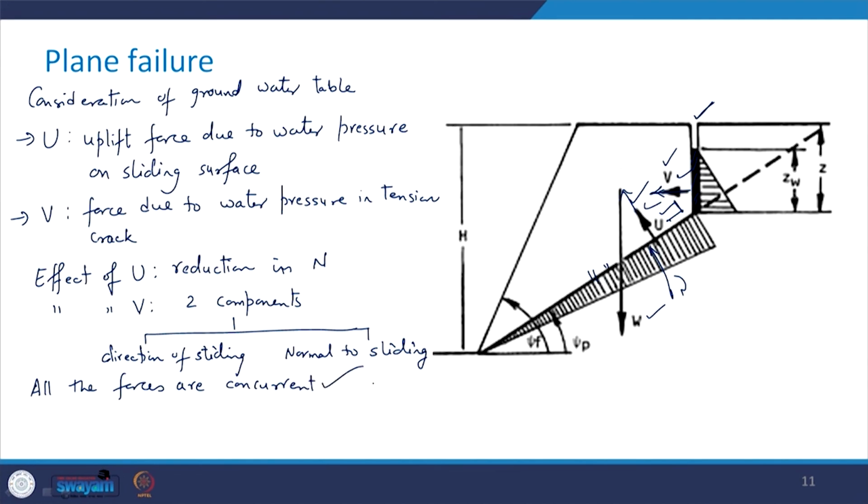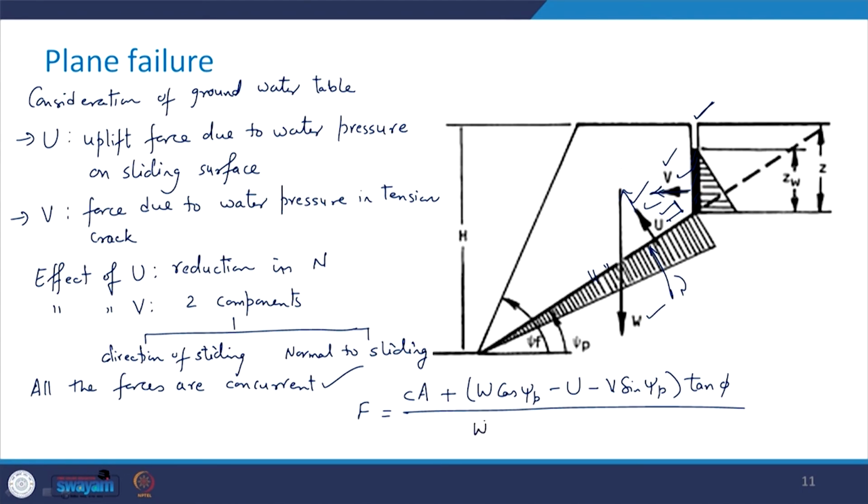So, this expression for factor of safety can be written as C into A, this term will remain as it is, plus W cos psi p minus U minus V sin psi p, this whole thing multiplied by tan phi, and this divided by W sin psi p plus V cos psi p.